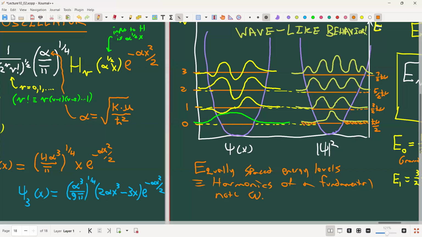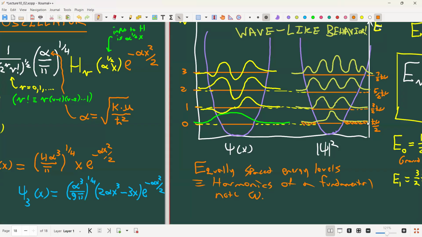If the bond were an actual spring, those would be the positions that it would sample. But there is some ability for it to be outwards as well. So let's go calculate what that is. We have everything we need for it. We have wave functions, we have energies, we have potentials, solve everything we want. So let's do that. It's a really simple calculation.